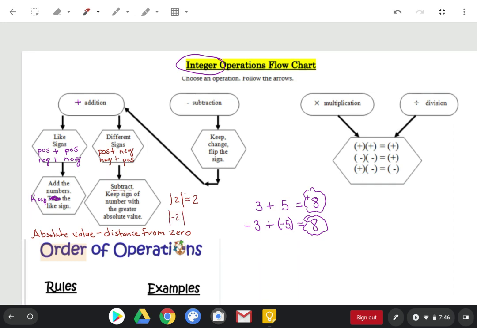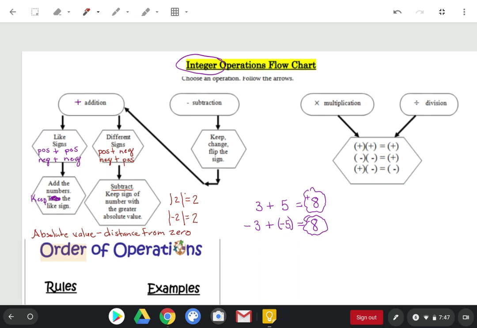Again, all I'm asking you is how far is negative 2 away from 0? Negative 2 on the number line is 2 units away from 0. So the absolute value of 2 is 2. The absolute value of negative 2 is also positive 2. Absolute value is never negative.